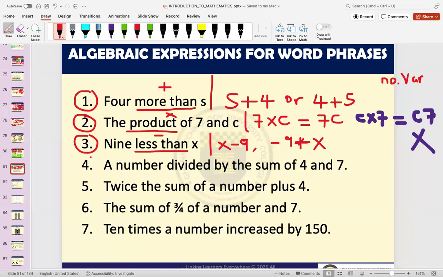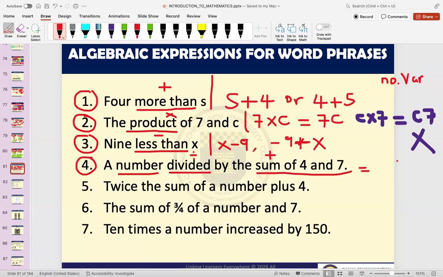Now let's look at the fourth one. The fourth one says a number divided by the sum of 4 and 7. So now I'm seeing a lot of operations here. A number divided. So this is division. A number divided by the sum of 4 and 7. So sum is what? Plus. Okay, so we have two operations here. Now let's wrap it up. A number, we don't know the number.